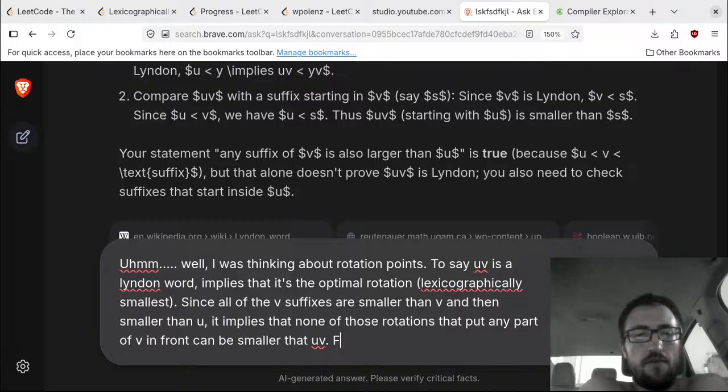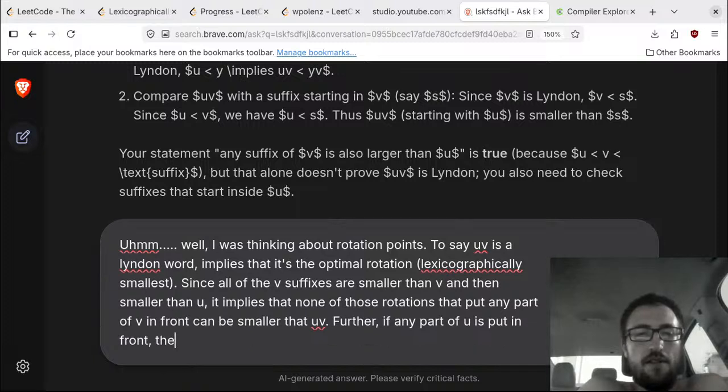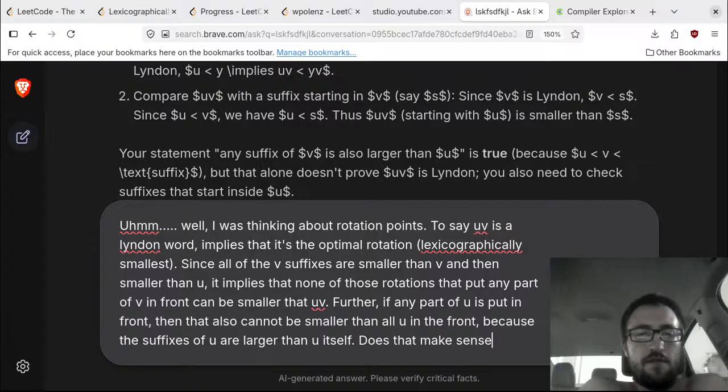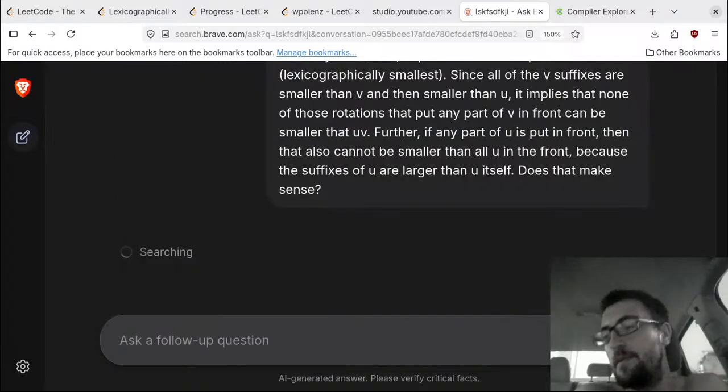Further, if any part of U is put in front, then that also cannot be smaller than having all of U in front, because the suffix of U is larger than U itself. Does that make sense? That's what I was thinking, something like that. Maybe it wasn't that obvious.